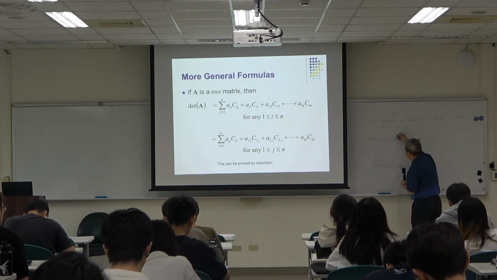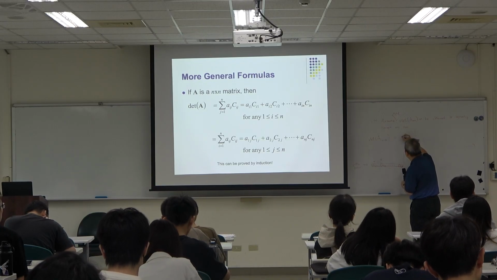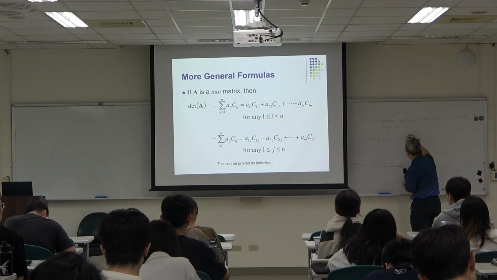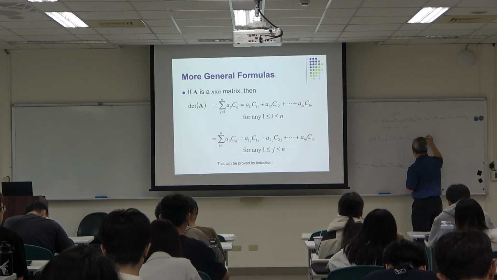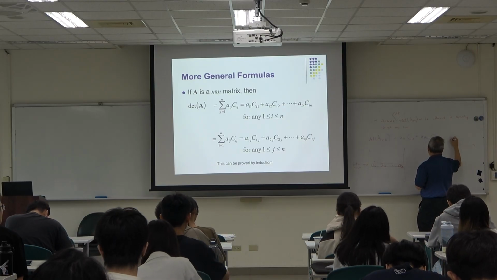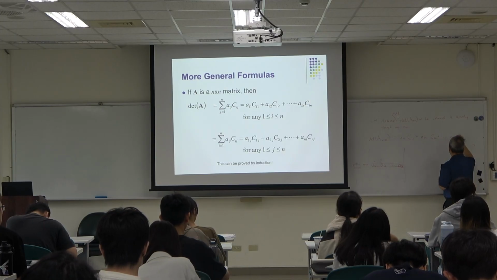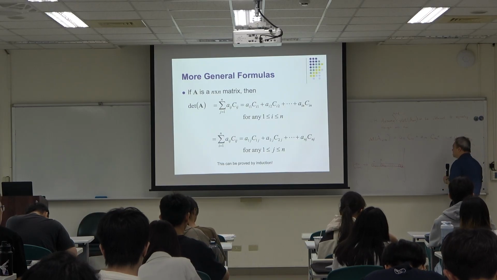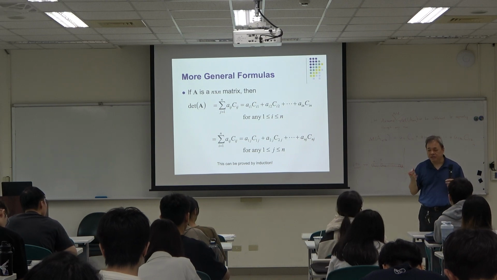we first know that according to the definition, this is going to be A11 C11 plus A12 C12 plus ... plus A1K C1K, right? This is according to the definition. We expand through the first row.